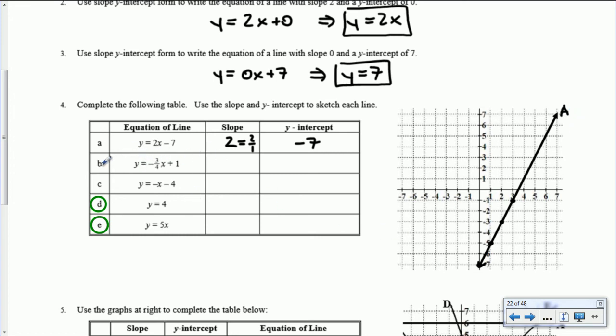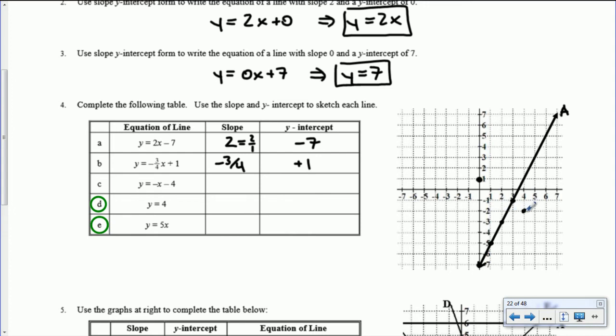Next one, for graph B, the slope is -3/4 and the intercept is +1. So it crosses through that point. And -3/4, to get to the next point to the right here, I go down 3, 1, 2, 3, and I go right 4, 1, 2, 3, 4.